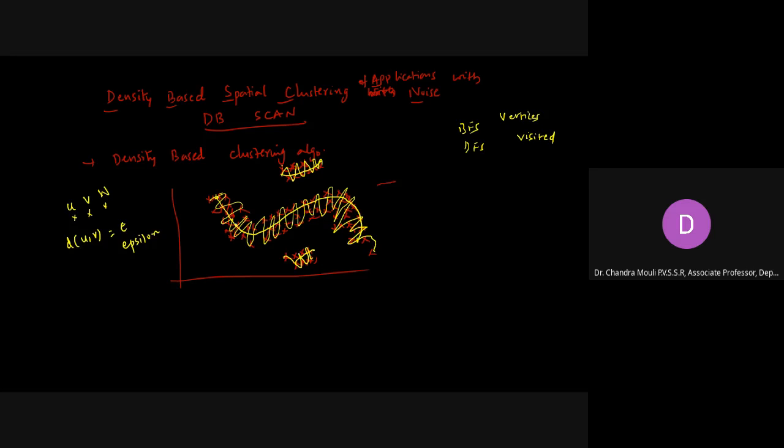Once it is not able to find any point at epsilon distance, it will check whether all the data points have been converted into visited or not. If not, then it will again start with a vertex which is not visited so far, and try to find the epsilon distance points from that particular vertex and cover this span.